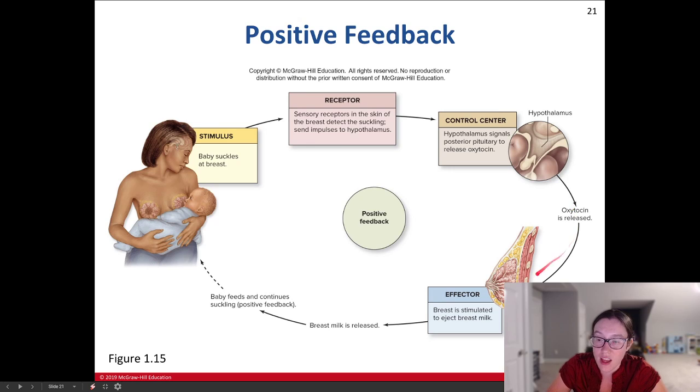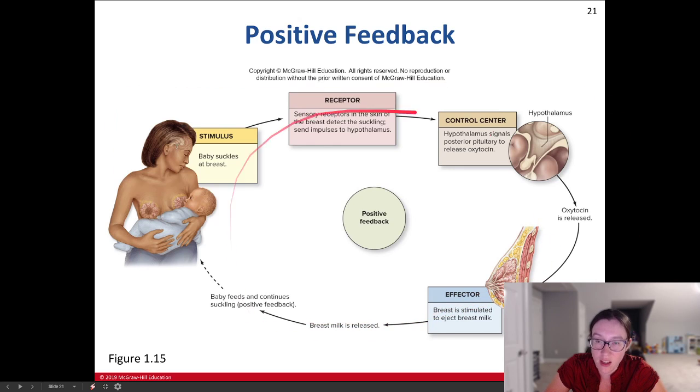Oxytocin, besides uterine contraction, also causes the release of breast milk. And so the oxytocin then goes to the breast, and it stimulates the breast to eject breast milk. The breast milk is released, and the baby is like, ooh, this is delicious, and continues to suckle, right? And as the baby continues to suckle, that is going to continue to stimulate the breast, which is going to cause more breast milk to be released.